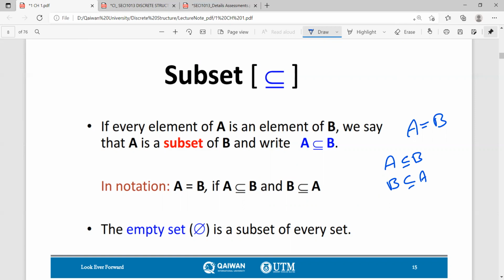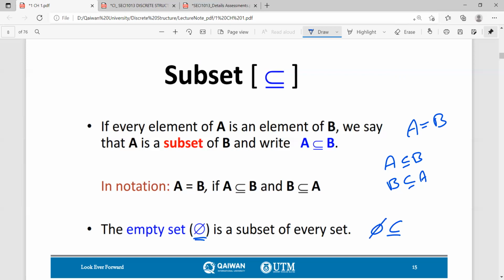And the empty set, which is denoted by phi, is a subset of all sets. We can have the empty set in all the other sets. For example, when I say phi, I mean the empty set, okay?